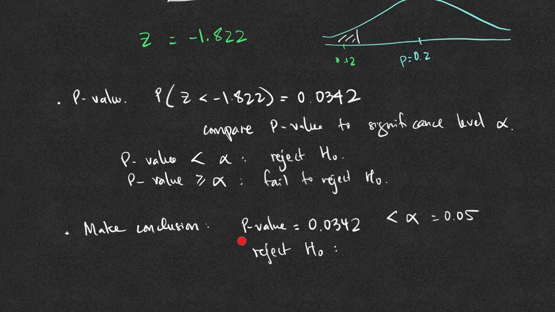For small p-value, we say that the result is statistically significant. And it's not quite surprising here because the smaller the p-value, meaning the data we collect is further away from the center, and if it is further away from the center, then it is rare, it is unusual.